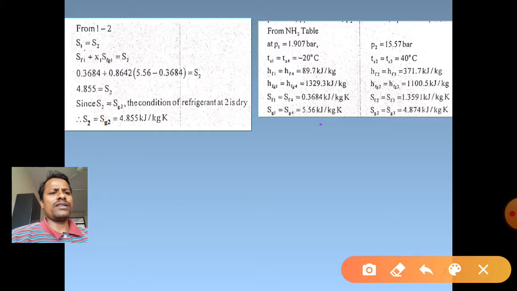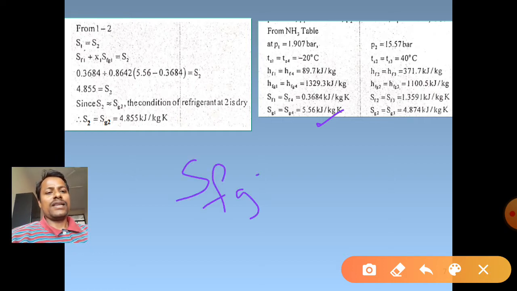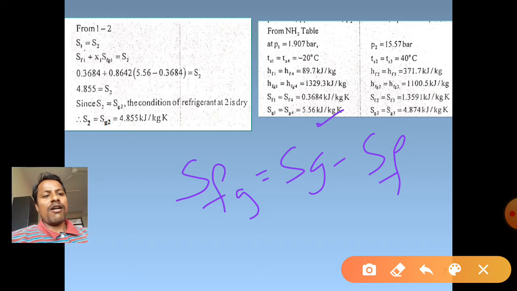Here SFG1 is SG1 minus SF1, that is we know that SFG is equal to SG minus SF, or SG is equal to SF plus SFG.